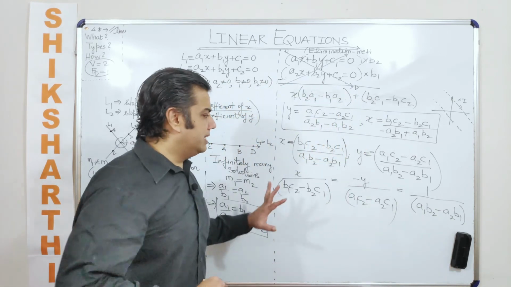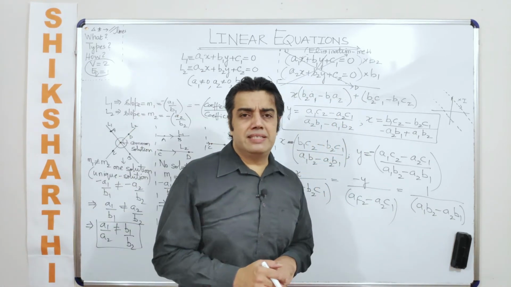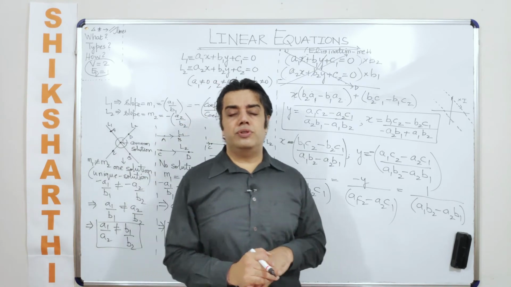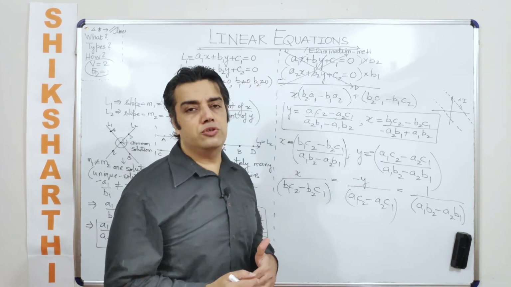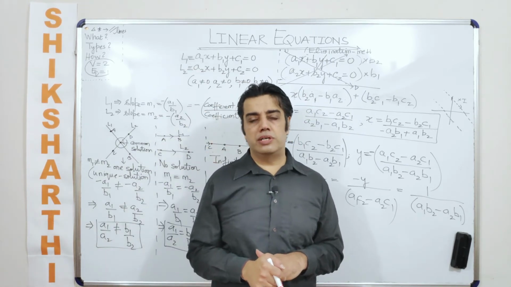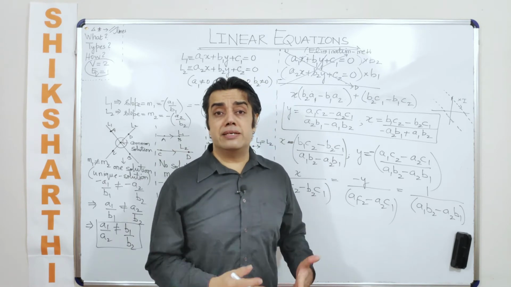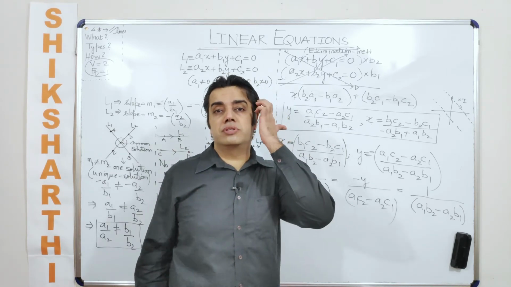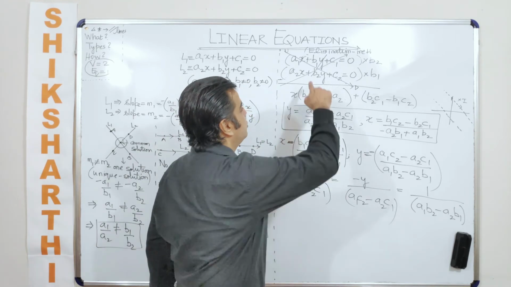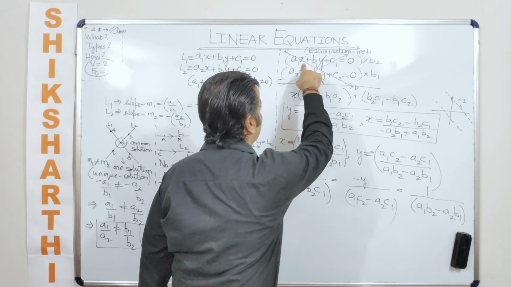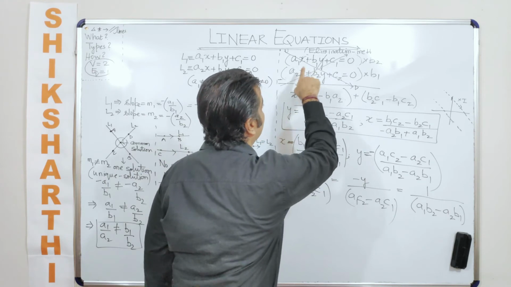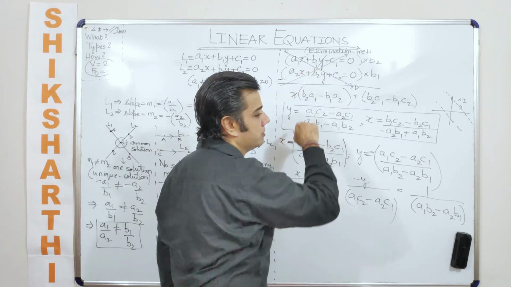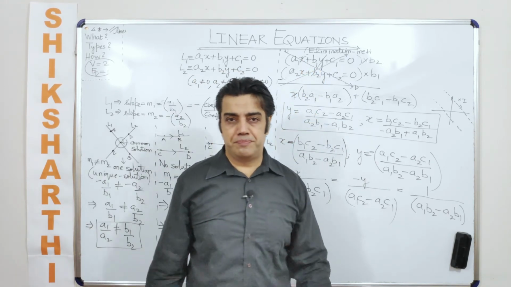So you will see that the elimination method makes things so easy for you that I would always advocate that you should be using the elimination method only rather than using any other method unless specified otherwise. For example, if they talk about the substitution method, then you need to find out the value of x from here, maybe substitute it in the second equation and then solve for y.